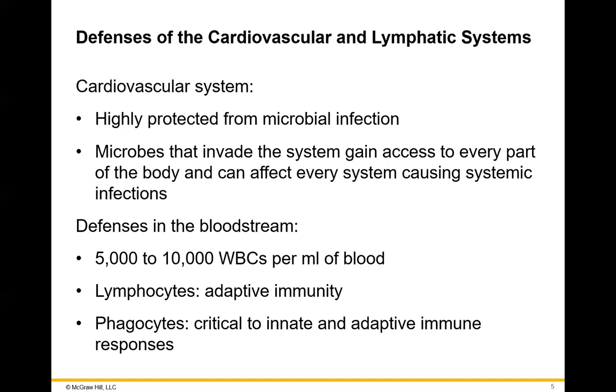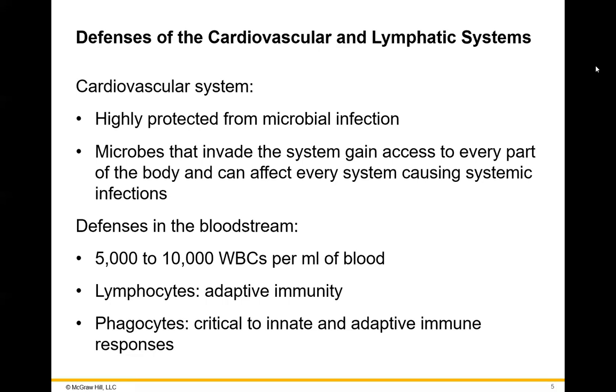For our defenses in the cardiovascular system, it's obviously going to be housing a lot of your white blood cells. All of your white blood cells are circulating through the lymph and the bloodstream. That's how they move around in the body, so that's where most of your defense is going to be, and it's keeping that area sterile. It should be sterile, just like your CNS and your peripheral nervous system.